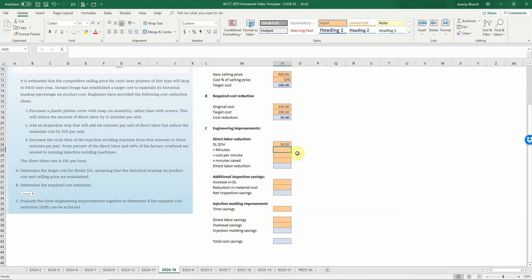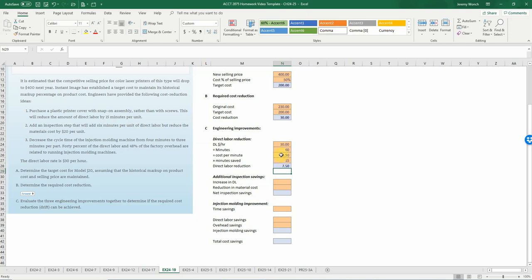Everything is in minutes, they're saving minutes, so let's get it down to a direct labor rate in minutes. If we take our 30 divided by 60, we get 50 cents a minute. And it tells us that they're going to save 15 minutes by doing this. So 50 cents times 15 minutes, $7.50 savings.